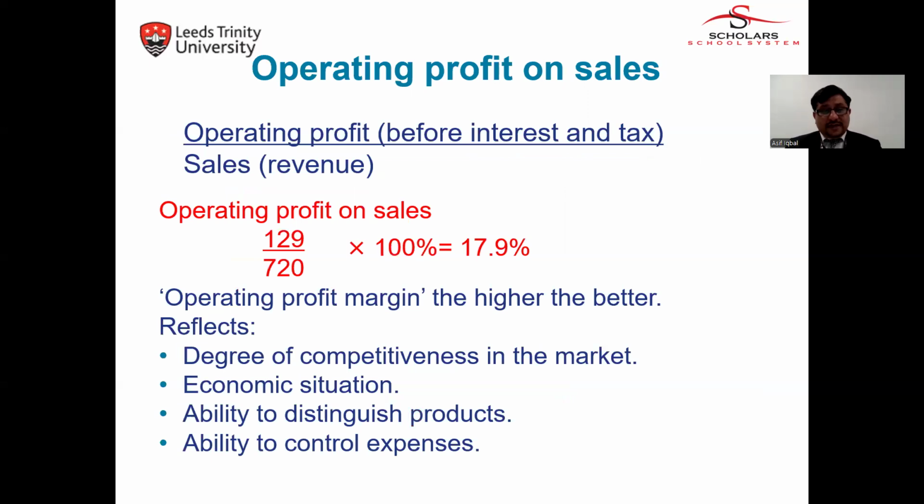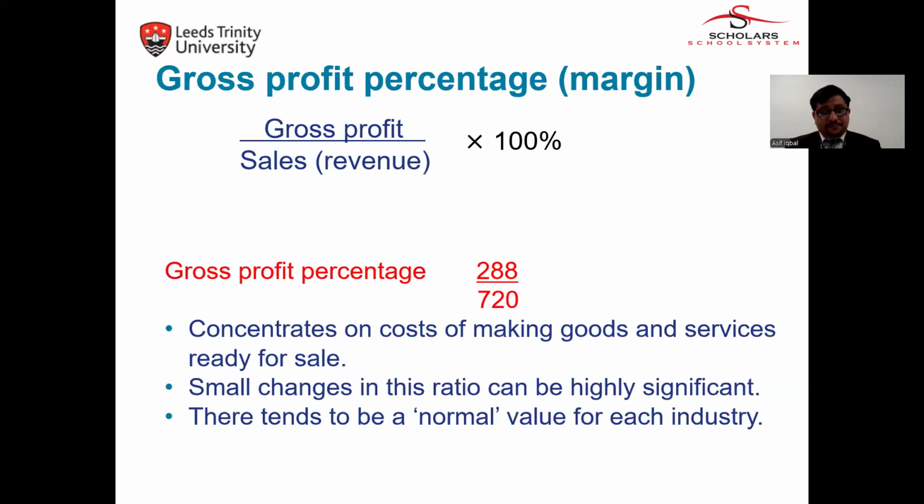Operating profit on sales: the formula is operating profit before interest and taxes divided by sales, which reflects the degree of competitiveness in the market, economic situation, and ability to control expenses.